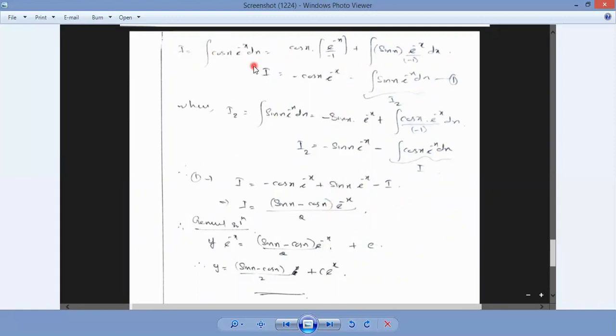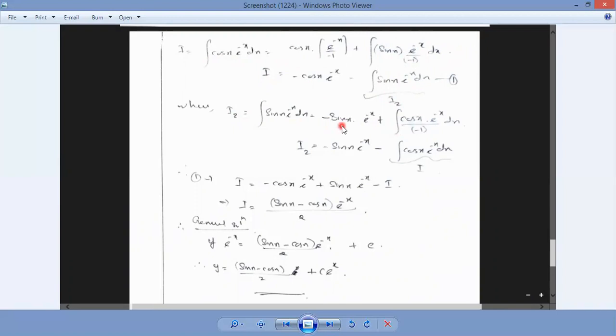Use the integration by parts method. Using by parts, cos x is the first function, and this is the second function. Integrate it, you will get another integral, which I label as I2, and I evaluate I2 again using by parts: first function into integral of second function minus integral of derivative of first function into integral of second function dx.